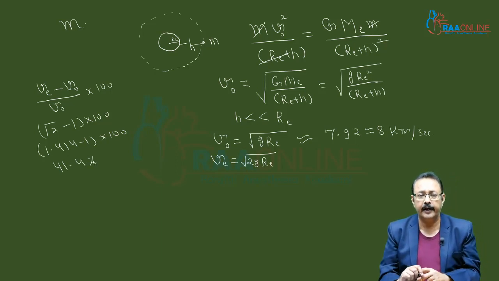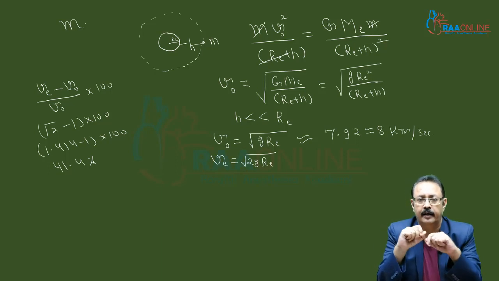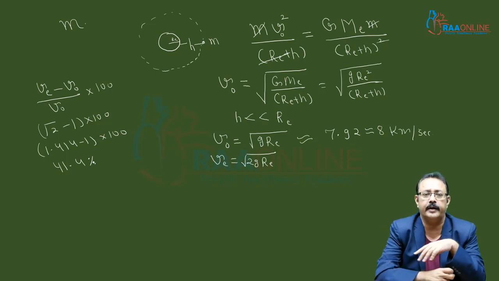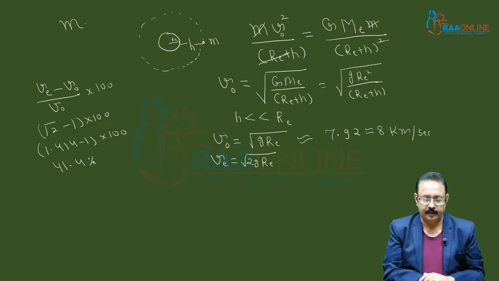It means if a satellite is orbiting near the Earth's surface and you increase its orbital speed by 41.4%, then it will escape the orbit, because now its energy is equal to the energy required for escaping from the Earth's gravitational field. So it was one of the important problems from the exam point of view.